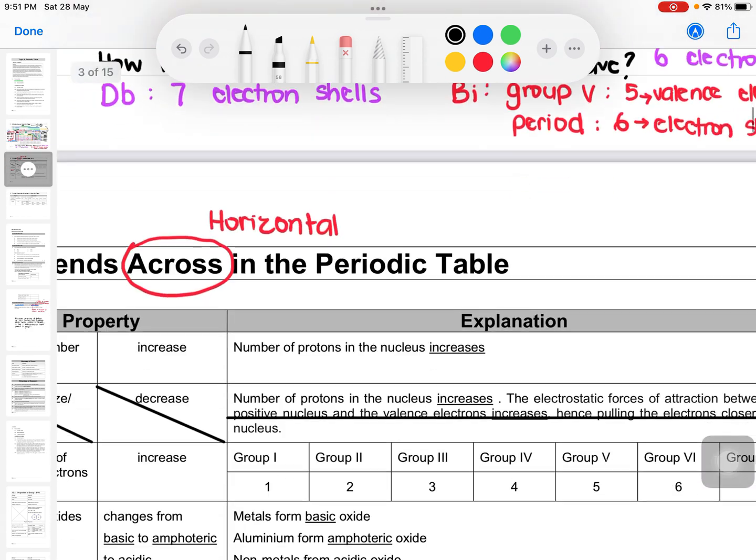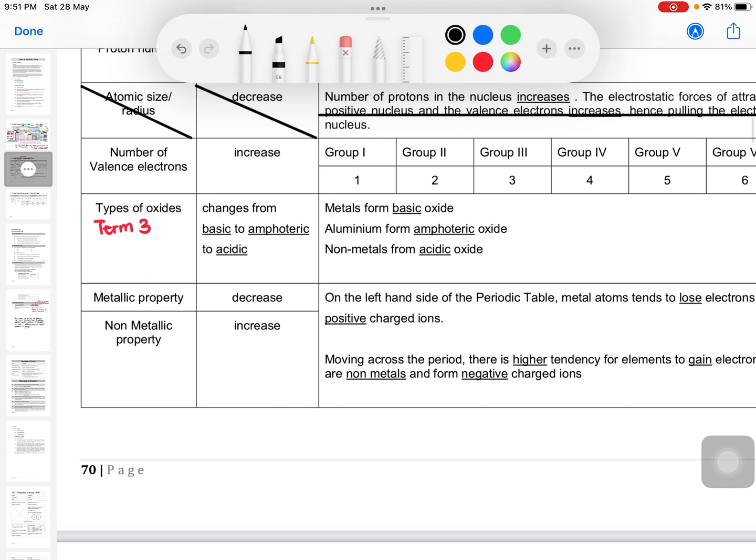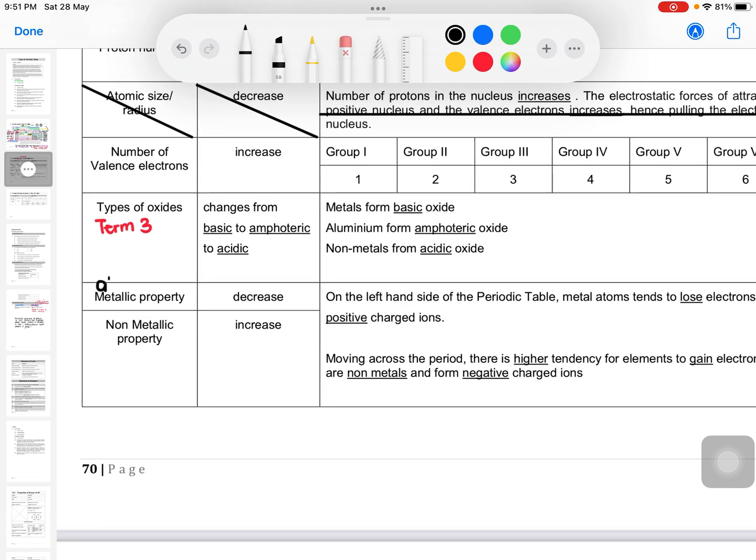I'm going to give you an illustration of that. If you look at group 1, I'm describing metallic property. Metallic property means the ability to lose electrons. That's why you are a metal. So metals lose electrons, while non-metallic is actually gaining electrons.